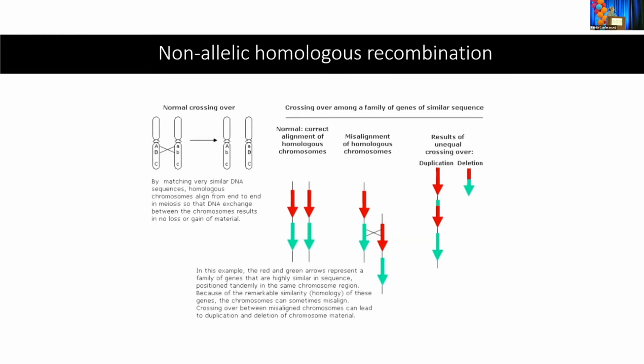If that doesn't occur appropriately, you end up with two potential results: one is a duplication and one is a deletion. Basically, we want chromosomes to align appropriately to one another, and if they don't align appropriately when they break apart, you can end up with a missing or extra piece.